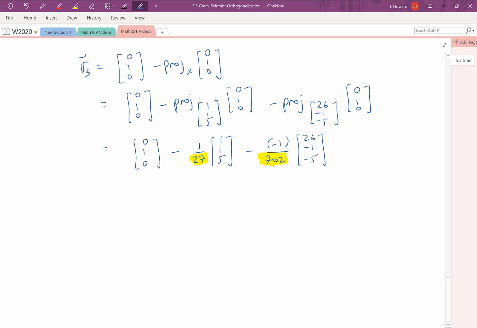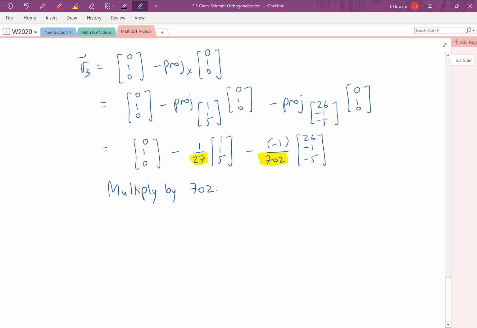So in fact, it turns out that 702 is divisible by 27, and all we need to do is multiply by 702. Often it works out that way in these problems, but if you had chosen a bigger multiple, like if you had just done 27 times 702, that would also be fine. You're free to scale these vectors however you like.